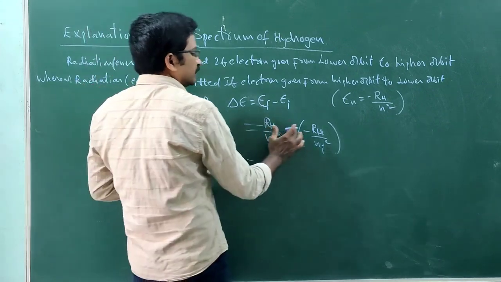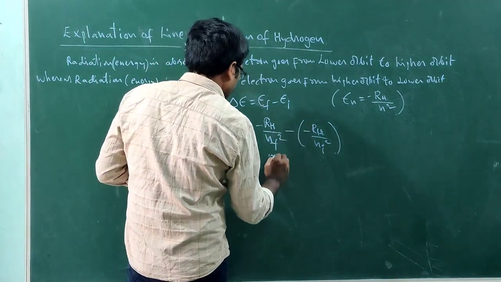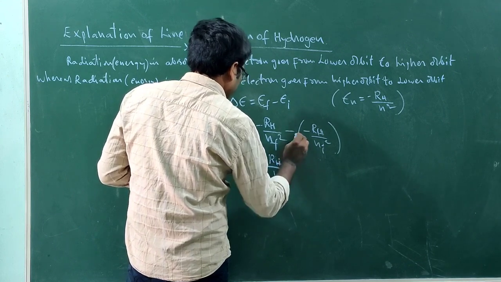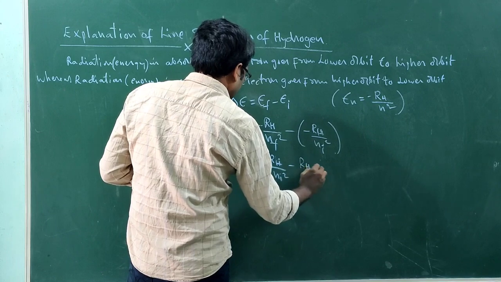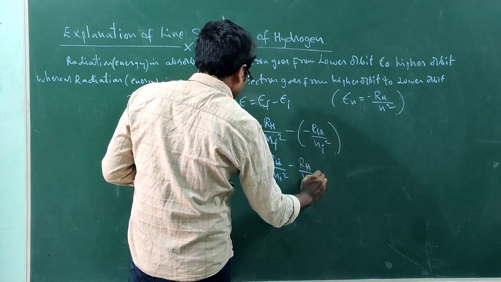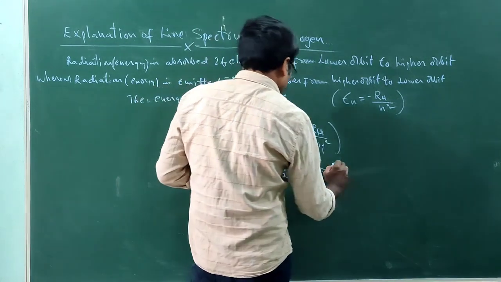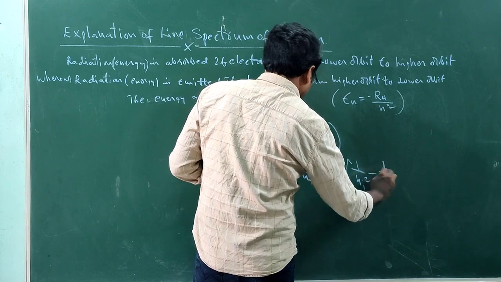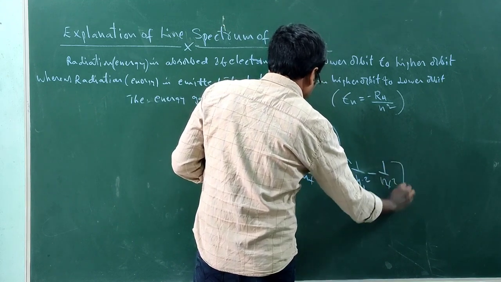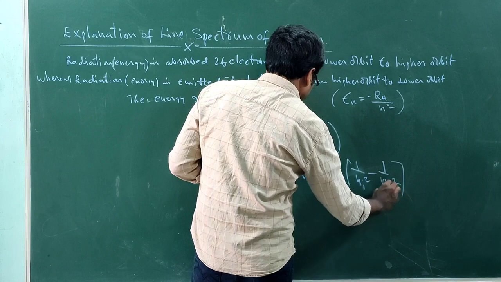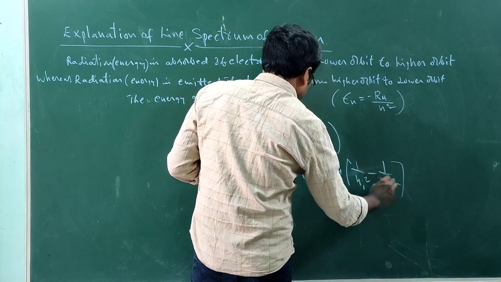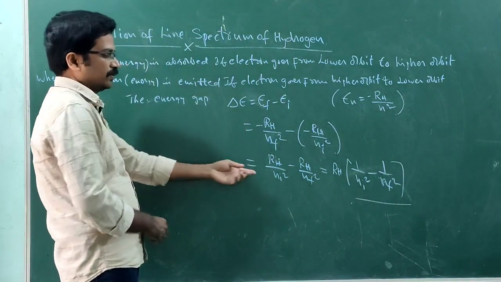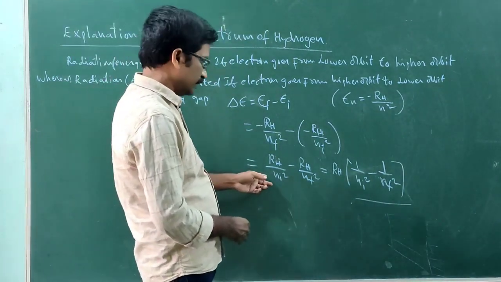Then what do you understand? Minus plus RH by Ni square minus RH by NF square, and this gives rise to RH times 1 by Ni square minus 1 by NF square. Okay, you can write this down.